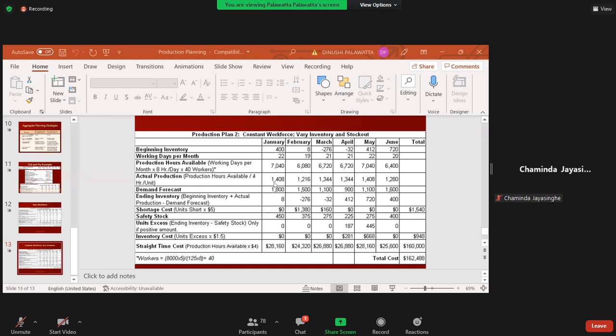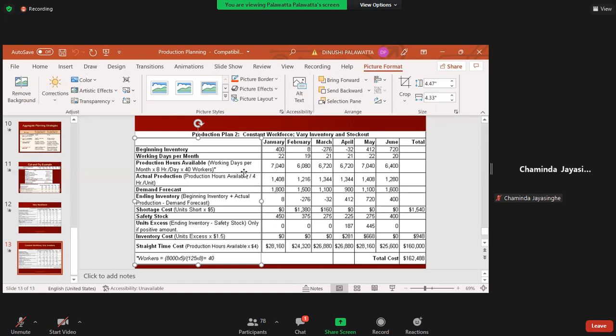So this number is correct. This number has to be 5, okay? I cannot change the number.